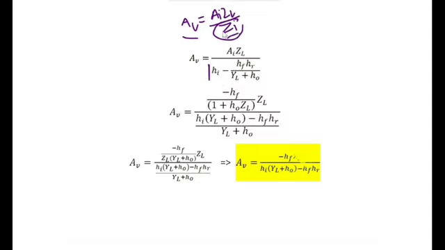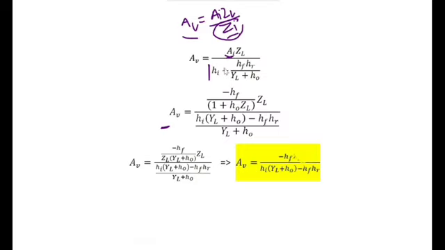We are also replacing AI, the current gain, with minus HF by 1 plus HO into ZL, which is the actual H parameter equation of current gain. We have seen it earlier. So we are replacing these two values, AI and ZI, with those H parameter equations. The final equation will be in this form, and we have taken the LCM in the denominator.